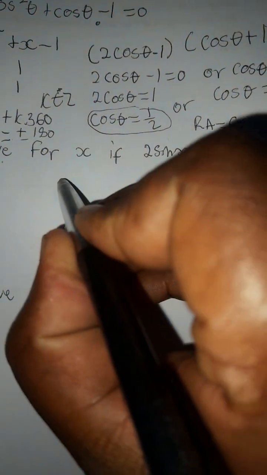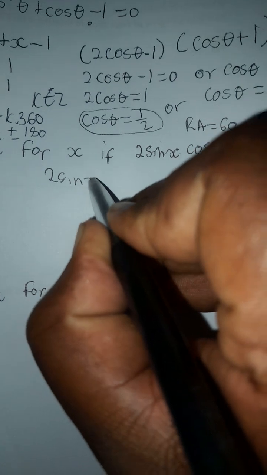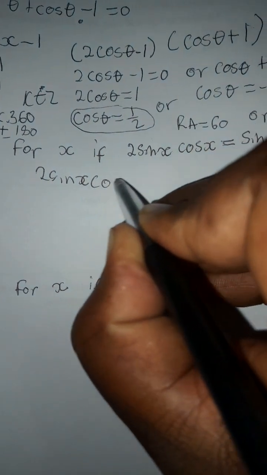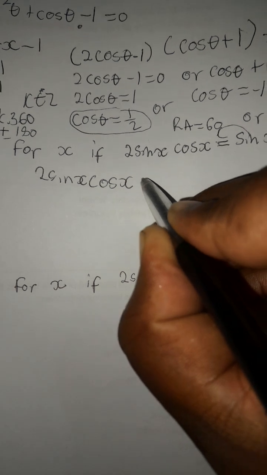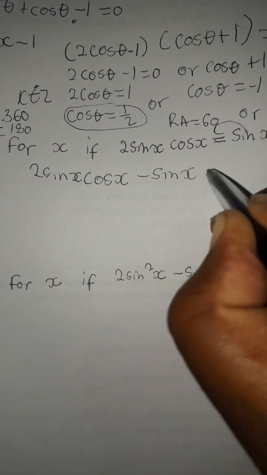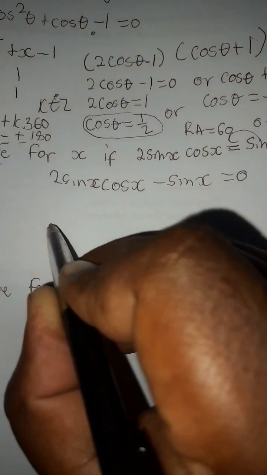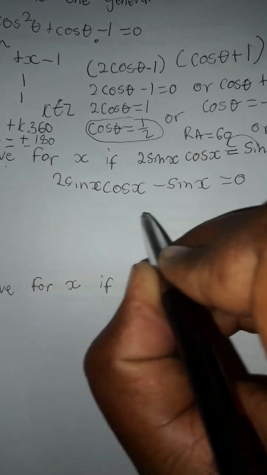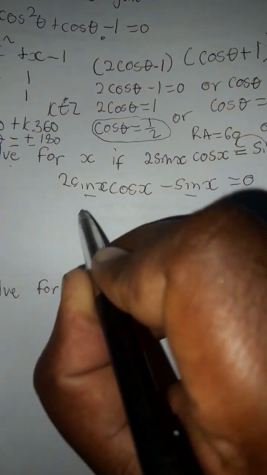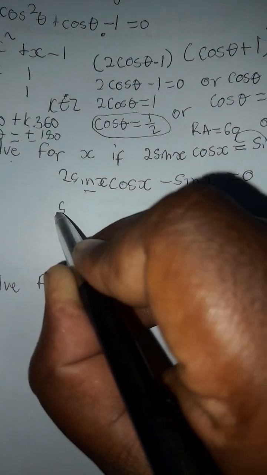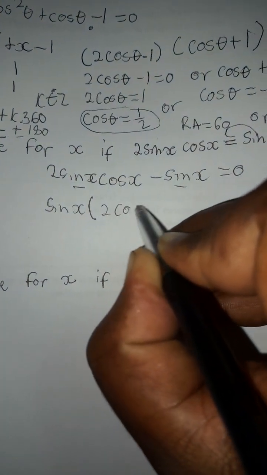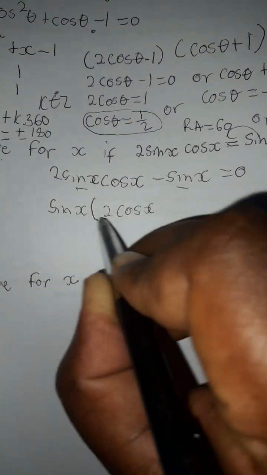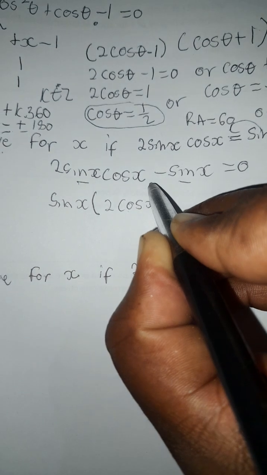So if I say 2 sine x cos x, if I take this to the other side, this will be negative sine x, which is equal to 0. Then I can see that there's a highest common factor here, which is sine x. If I factor out sine x here, I'm left with 2 cos x, because sine x times 2 cos x is 2 sine x cos x, right?